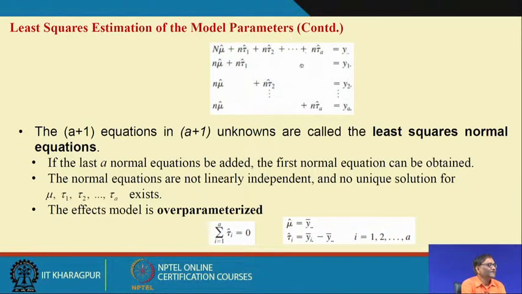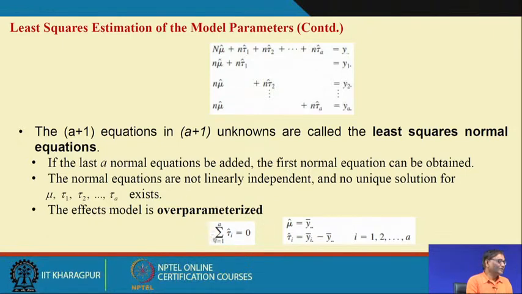So as a result, effectively you have a unique equations, but you have to estimate a plus 1 parameters. So as a result, what happened? You have a constraint. It is an over-parameterized model.